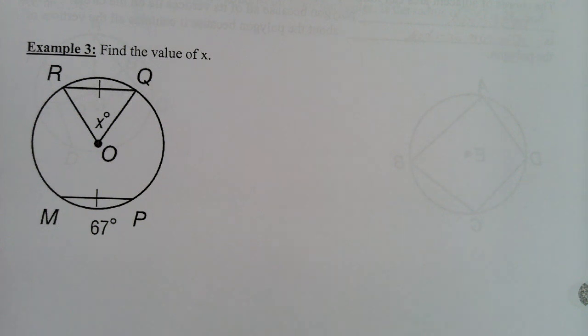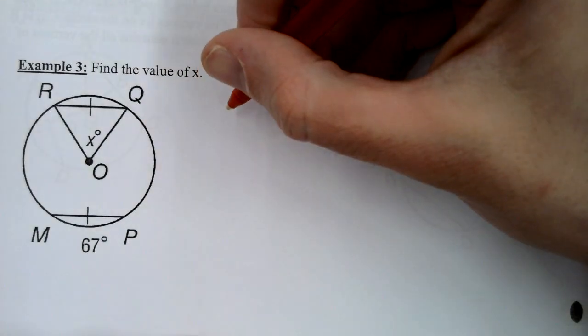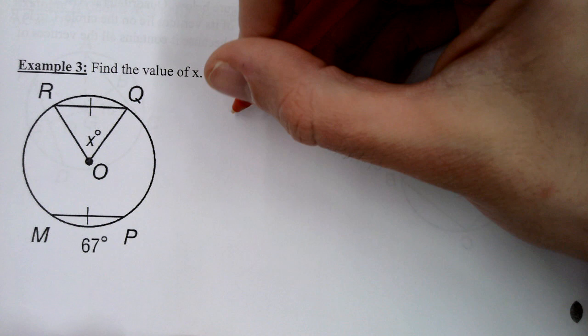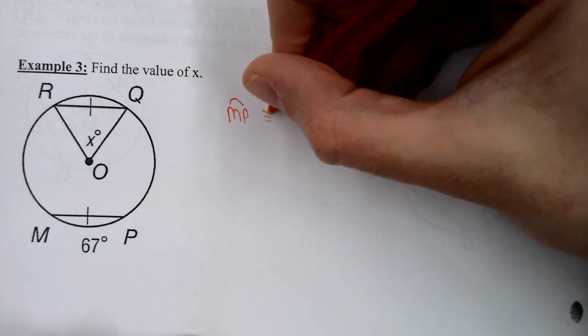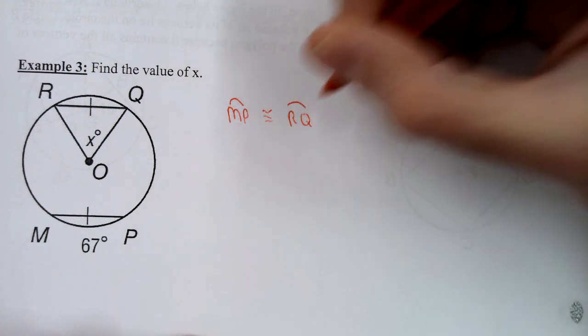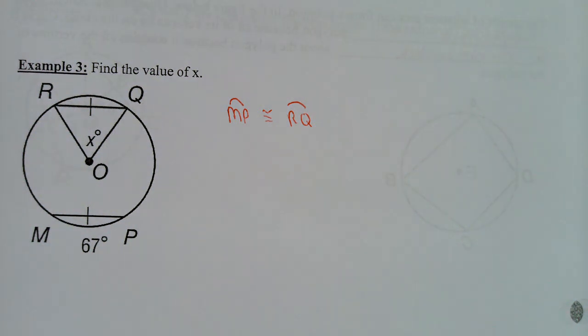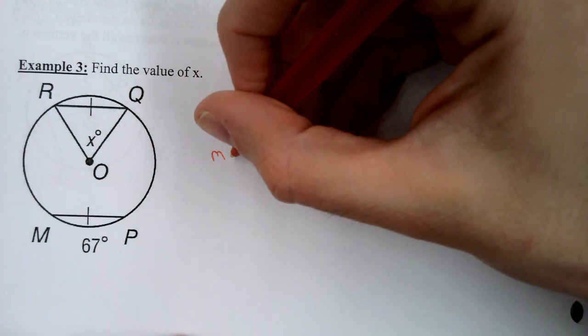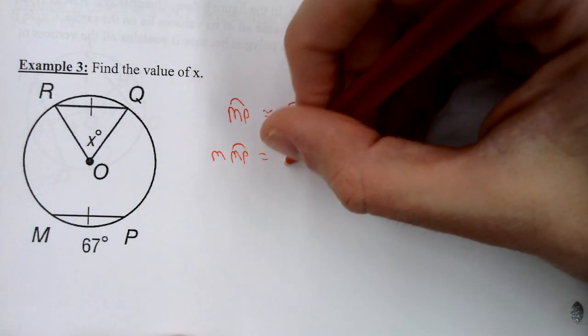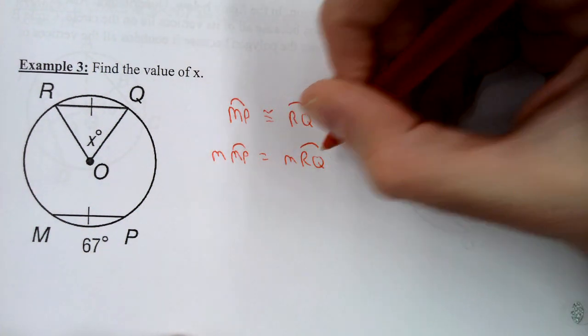Arc MP is congruent to arc RQ. Those arcs are congruent because the chords are congruent. So it means that the measure of arc MP equals the measure of arc RQ.